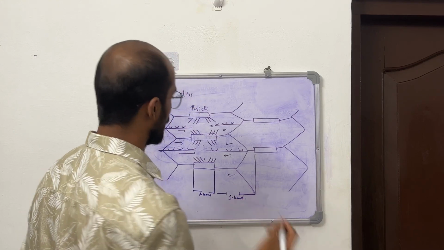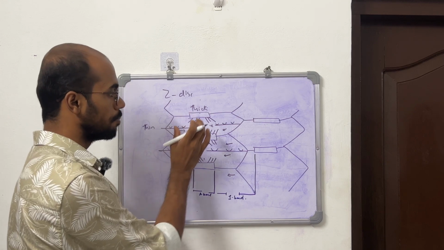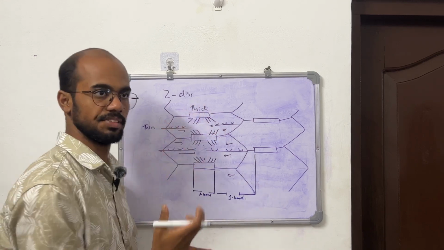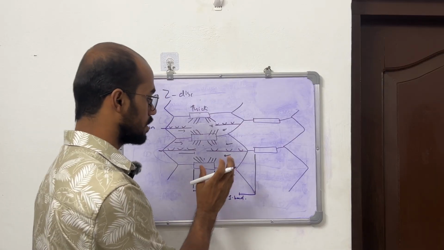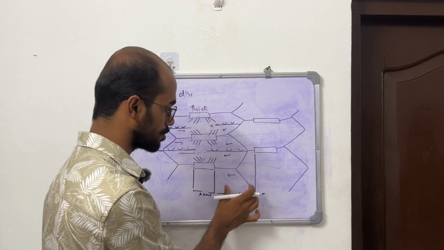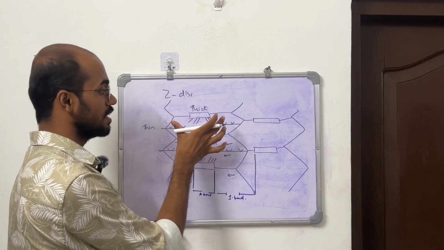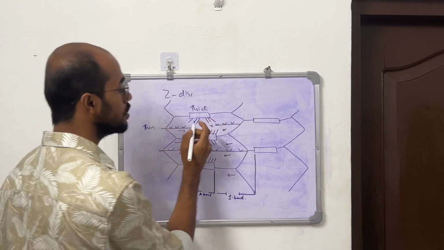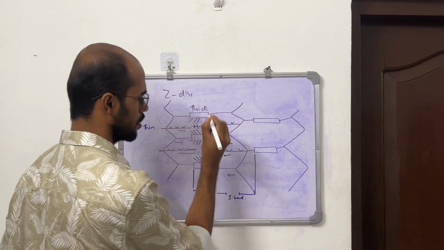Okay, now we have a new term, the distance between adjacent thin filaments. Okay, earlier we discussed that the distance between adjacent thick filaments was called the I band. The distance between the adjacent actin filaments or the thin filaments is referred to as the H zone.